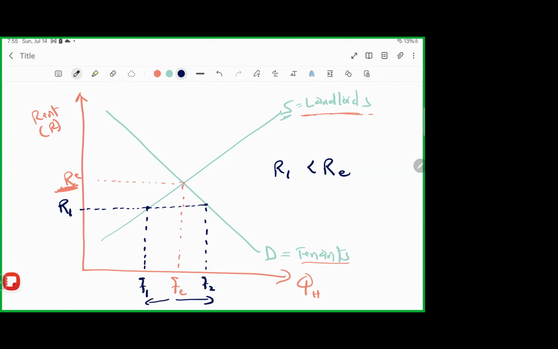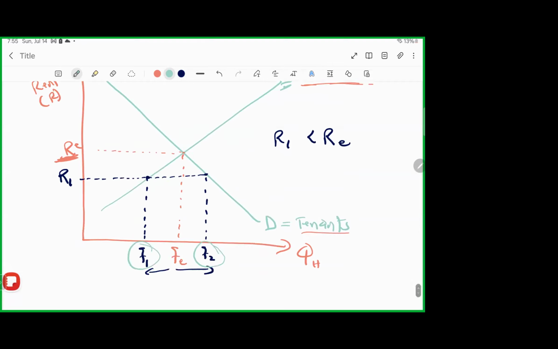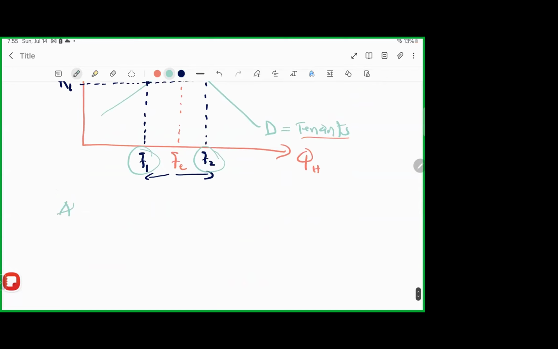So what is happening? There is disequilibrium in the market because the quantity demanded, which is Q2, and the quantity supplied are not the same. In this particular case, at R1, you will realize that the quantity demanded, which is the same thing as Q2, will be more than the quantity supplied, which is the same thing as Q1.